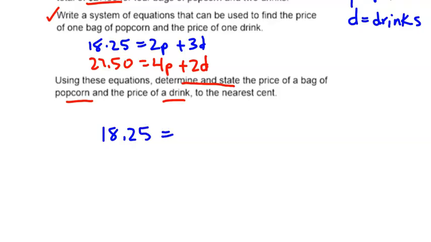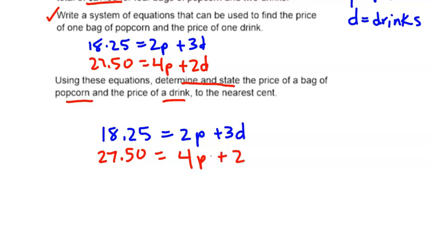So let's see, I think I'm going to use elimination. In order to do that, I need to have matching coefficients with different signs. So I think I'm going to multiply everybody here by -2. And by doing that, on the right side, I'll get -4P.